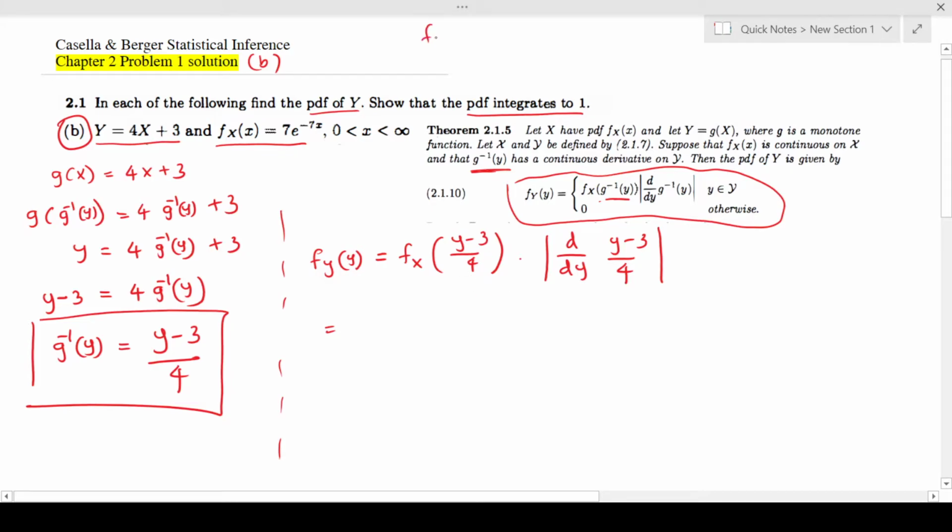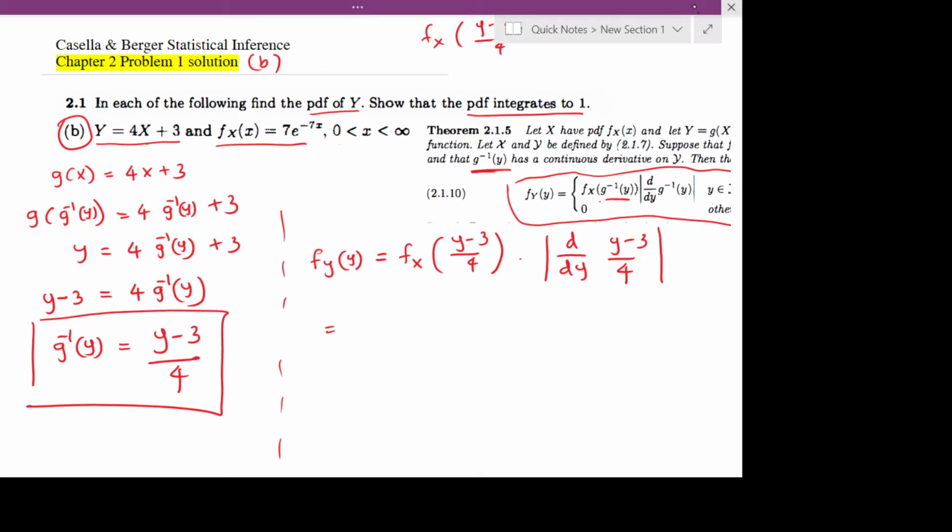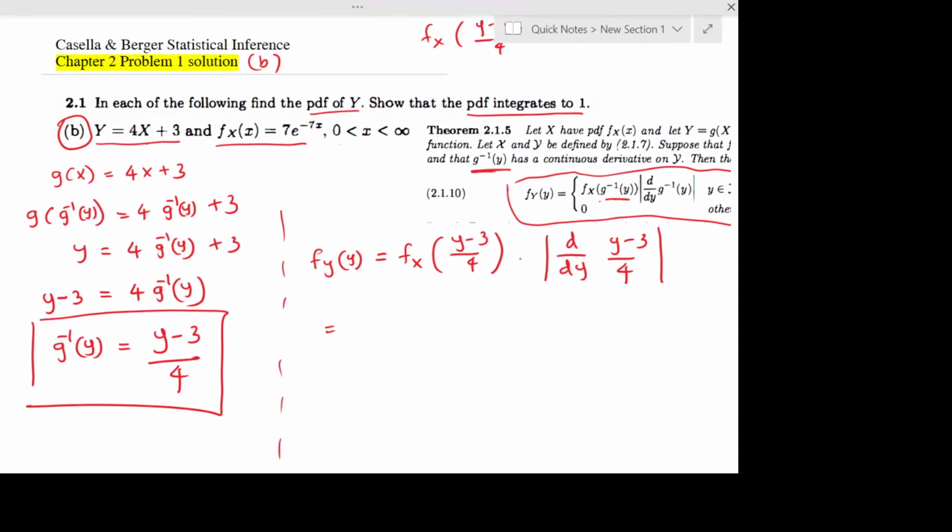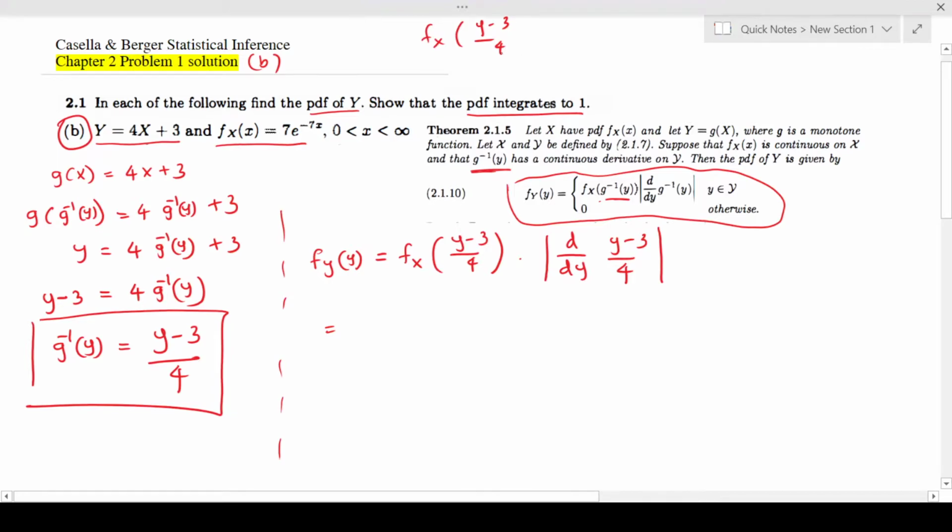What f_X of (y minus 3) over 4 means is that in this probability density function of x, whenever there is an x term, instead of x you substitute (y minus 3) over 4.